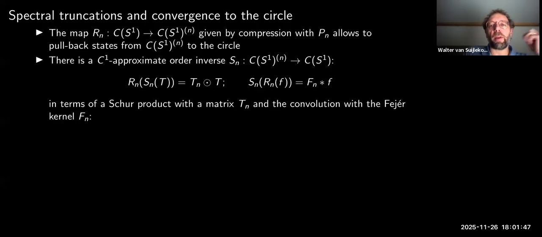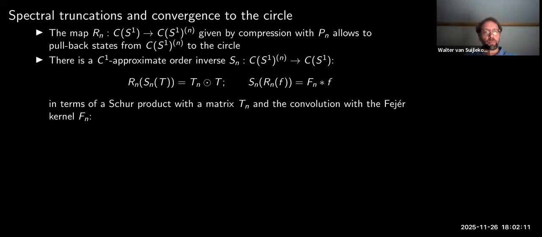There's the other direction, which is trying to get from such a Toeplitz matrix to a function on the circle. There you have to be a little bit more careful, because you cannot just take these Fourier coefficients that you have in the Toeplitz matrix and write the corresponding function, because that will not in general be an order, a completely positive map.